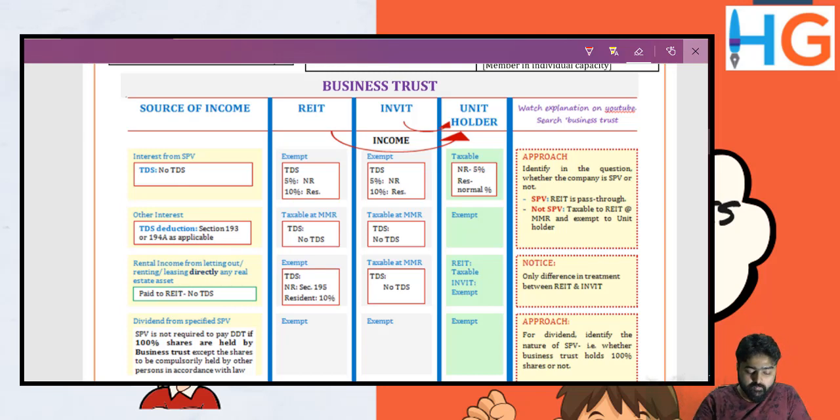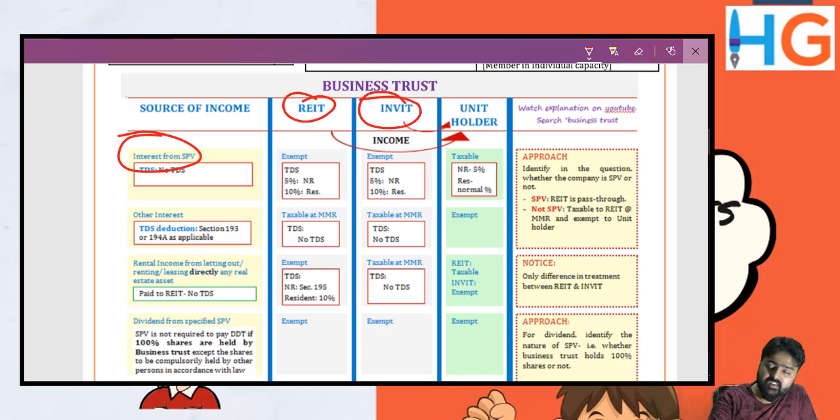Let's see. Income from SPV. Interest income is very unique because in case of SPV, both the business trusts, REIT and InvIT, are pass-through entities, meaning that the income will be taxable to the unit holder. It will not be taxable at all to the business trust.